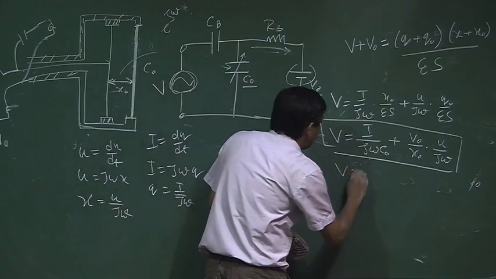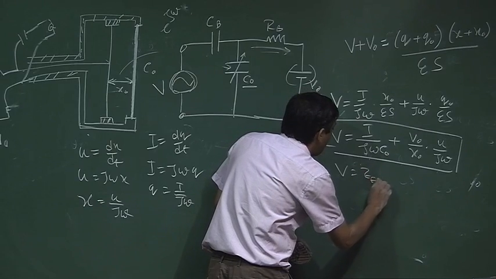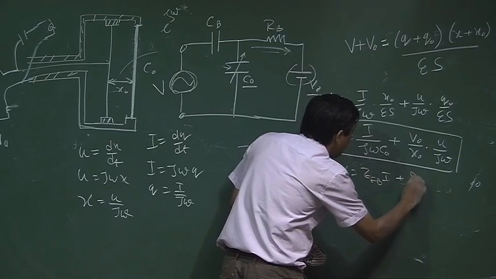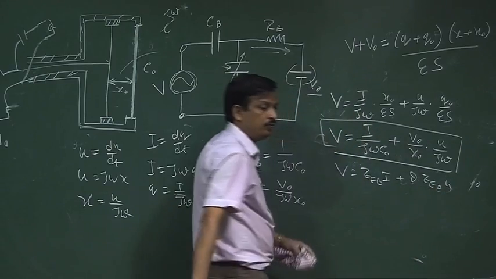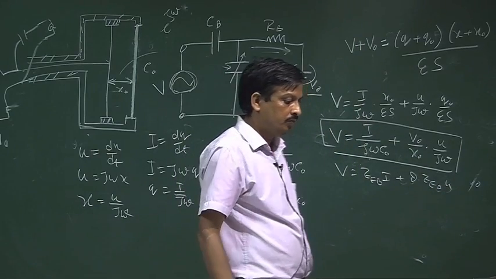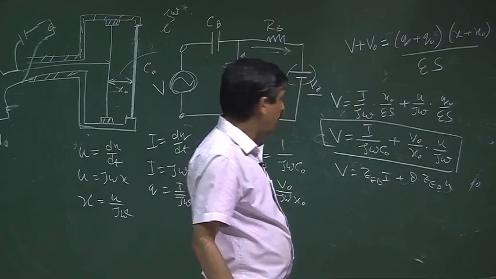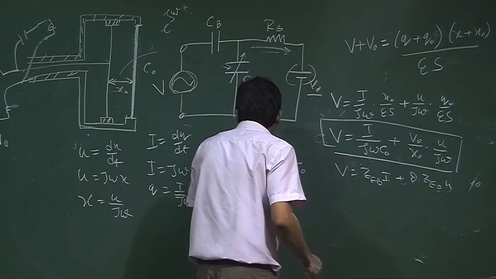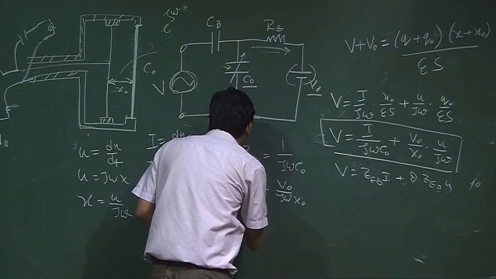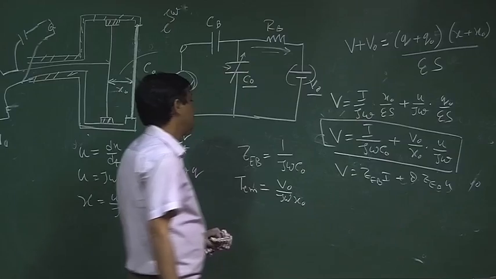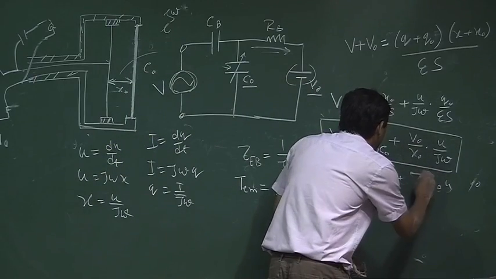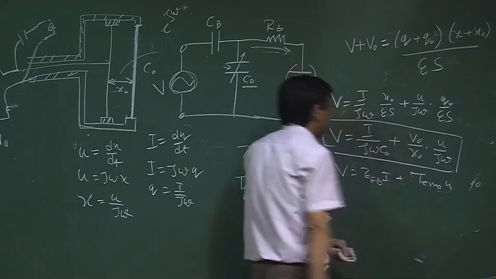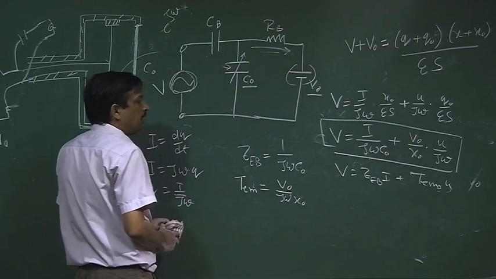So, V is nothing but ZEB into I plus T_EM into u. Okay, so this is canonical equation 1.